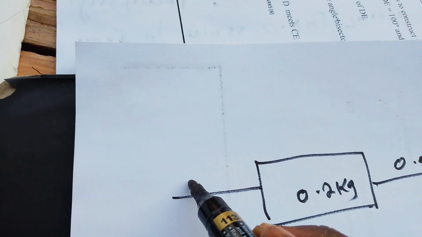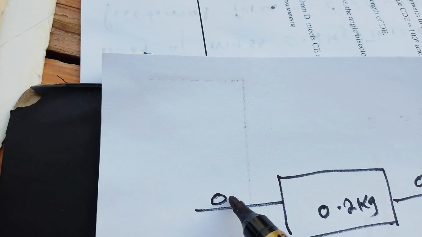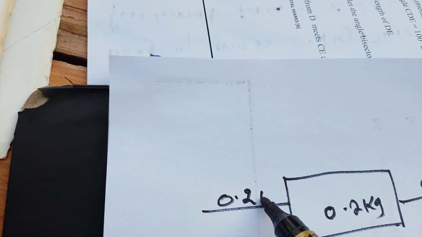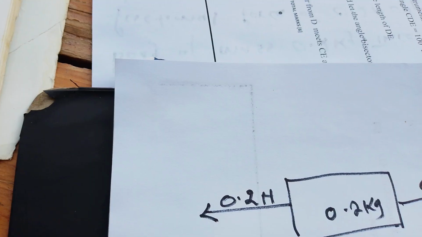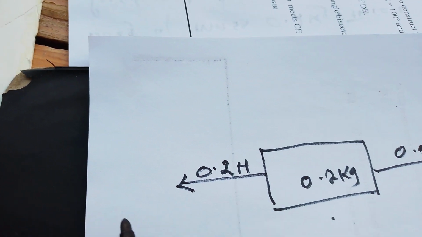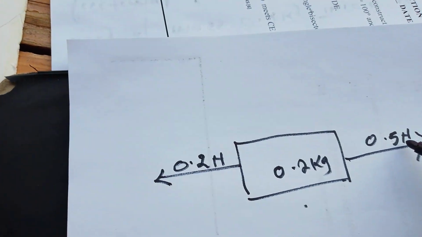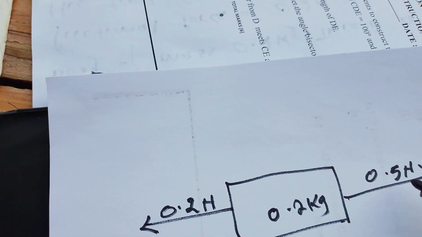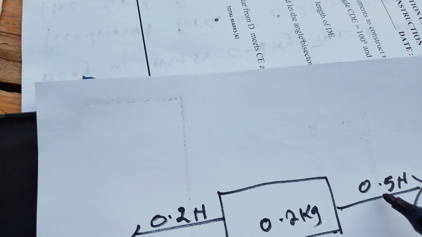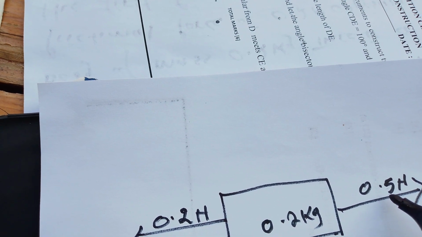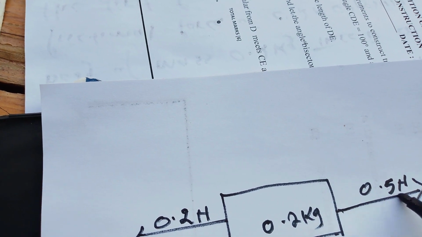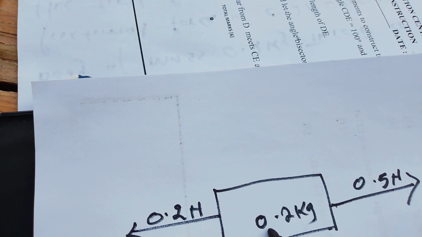And now there is a certain friction force of 0.2 Newton, which is pushing this body against the acting force. So the applied force is 0.5 Newton, acting on this body of mass 0.2 kg.